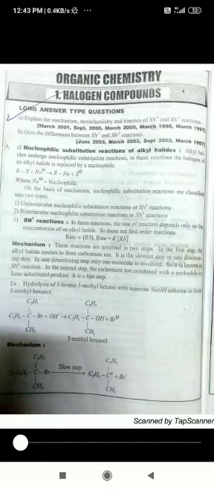Now the mechanism of the above reaction. That means in what way the reactants interact with each other, and after the reaction what products are formed, that and all we are going to deal with in detail.